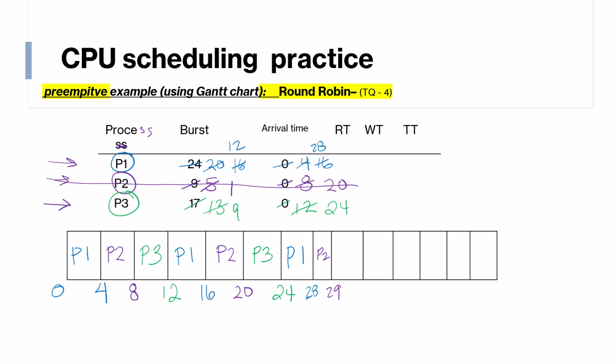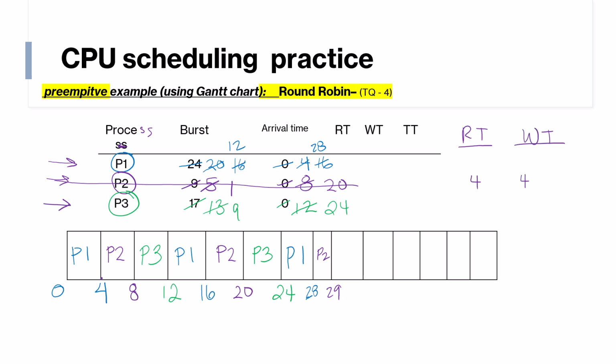P2's response time. I'm going to move the response time over here because I ran out of space. The response time for P2: P2 arrived at time 0 and first got on the CPU at time 4, so P2's response time is 4. For P2's wait time, we can add it up.